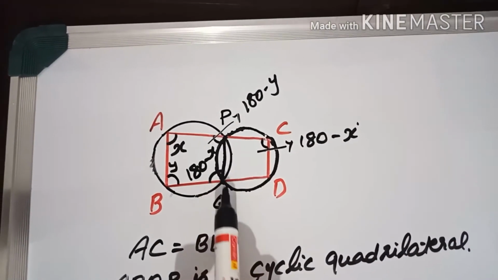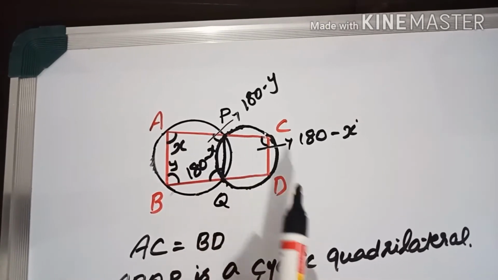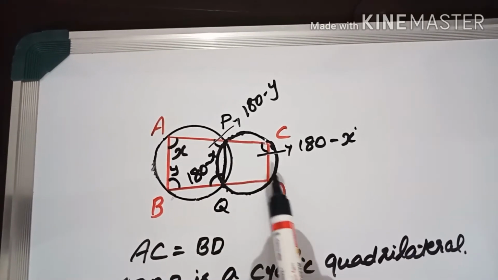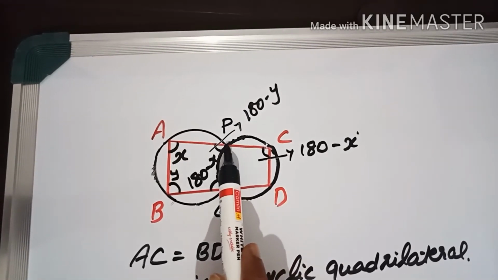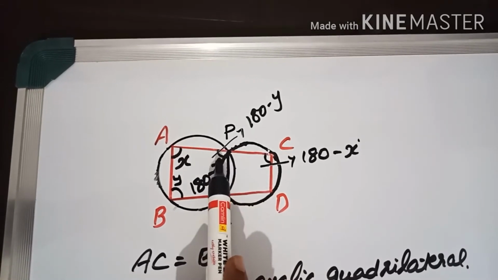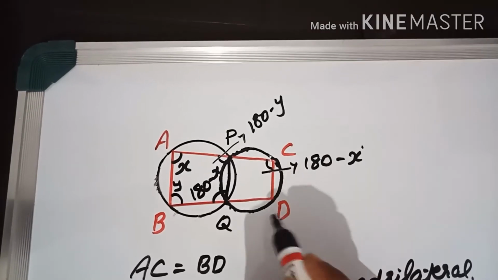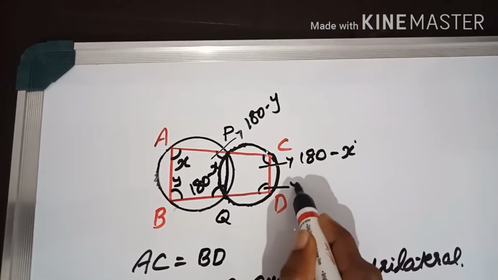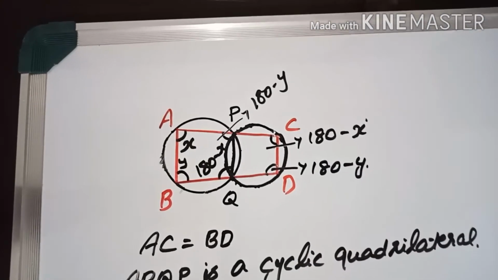Now this angle QPA is the outer angle through which angle's opposite vertex? Angle D's opposite vertex is angle P. Through that point P, the outer angle is 180 minus y, so angle D will also be 180 minus y degrees.